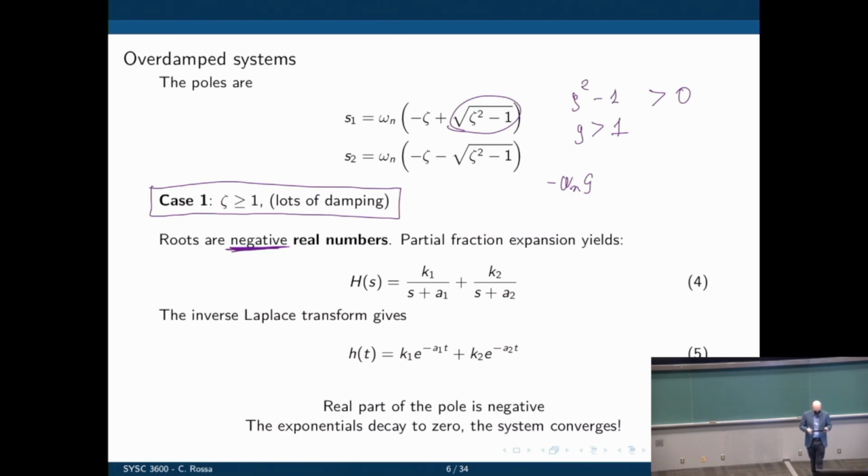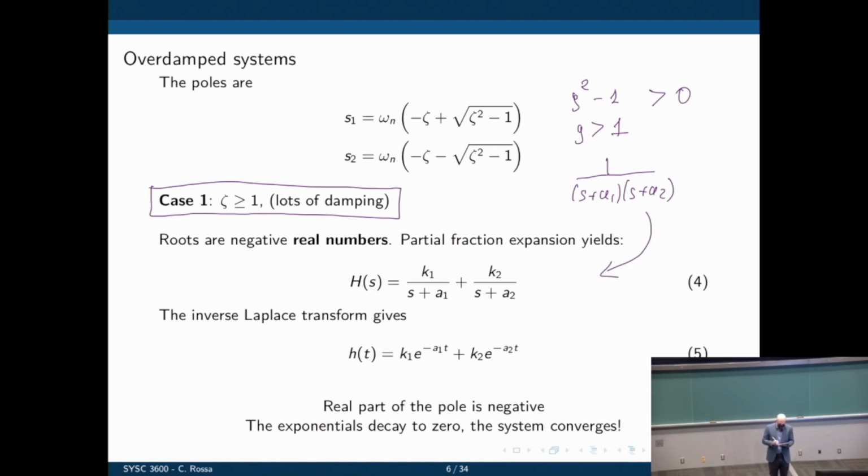So the result is 2 real numbers that are different and they are negative. So if we have 2 roots that are real, we can take our transfer function and write that in the form of, let's say, s plus a1 times s plus a2, by just splitting the polynomial into 2 real roots.